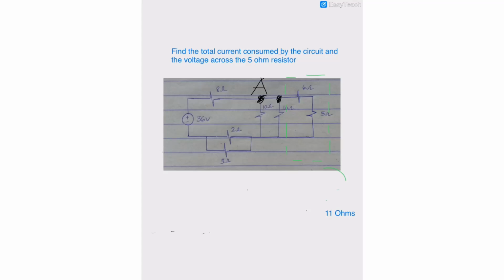As you can see, these two 10 ohm resistors are connected in parallel, and in a parallel connection the voltage at this specific node will remain the same because there is no resistance at that particular node. So if this is 13.2, the voltage up until this point is 13.2.